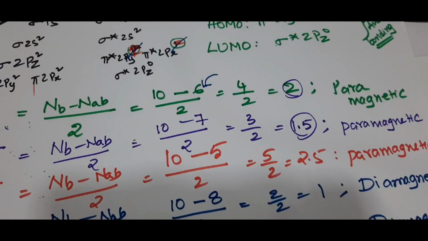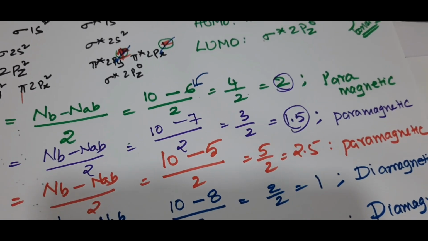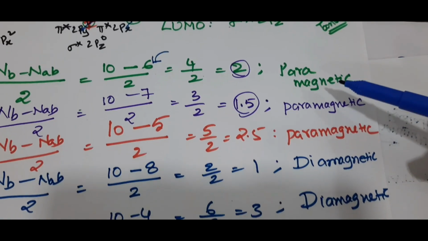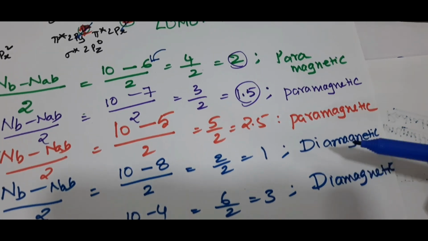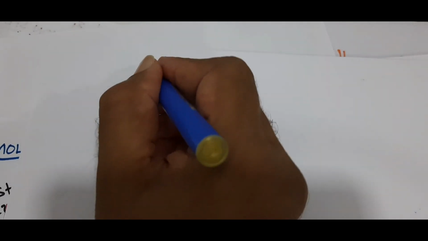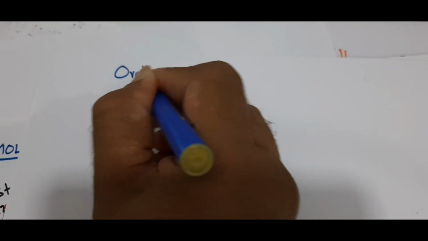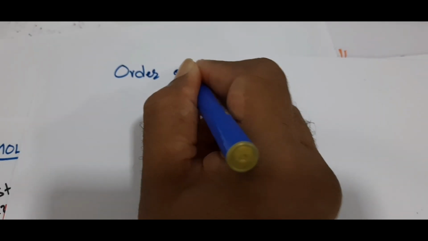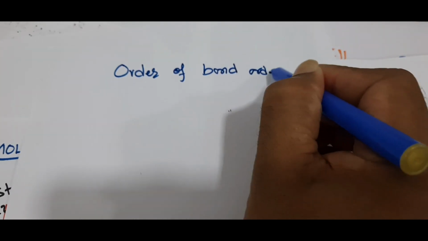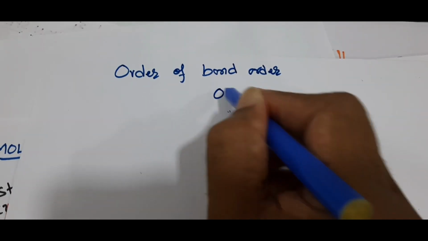Now all the species have their bond orders. Now we are going to compare their bond length; magnetic behavior is clearly explained here. Then entering into the bond stability order, bond length order, bond energy order. Order of bond order. First you write the bond orders.